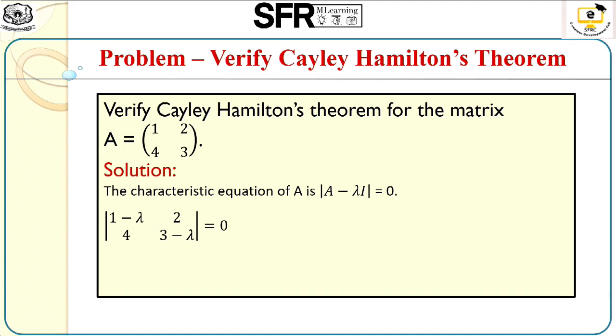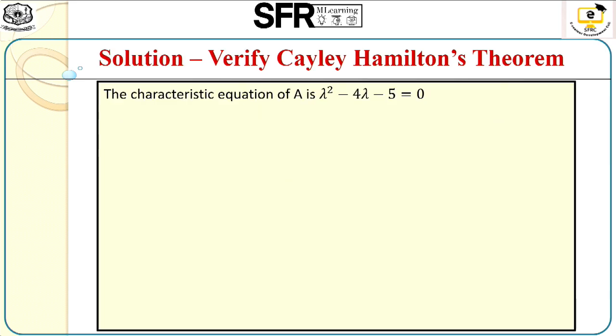So, the matrix A minus lambda times the identity matrix gives us the same matrix with the diagonal entries being the differences, 1 minus lambda, 3 minus lambda. Its determinant, AD minus BC, gives (1 minus lambda)(3 minus lambda) minus 8. By simplifying this we get the characteristic equation lambda squared minus 4 lambda minus 5 equal to 0.